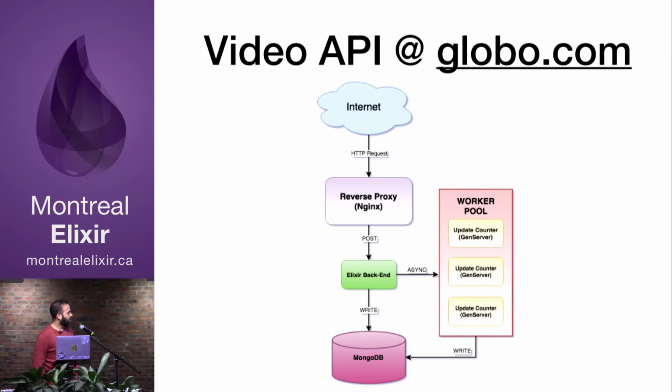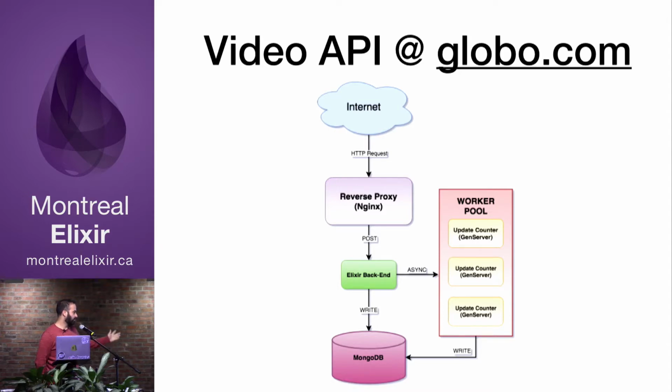Basically, all our post requests came directly into the Elixir backend. We killed the Redis. We had Redis for cache and also Redis for background jobs. We were starting to use GenServers, a solution built directly on the Erlang VM.